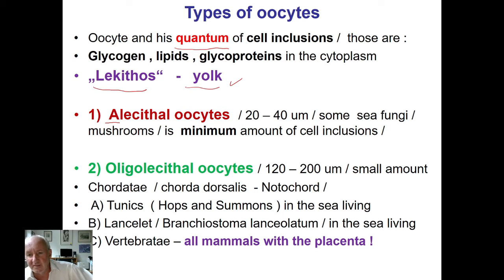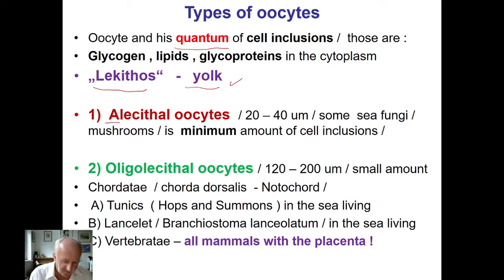In some sea mushrooms, yes, let's settle oocytes. This A means that there is also a minimum amount of cell inclusions. It's not completely empty. So let's settle oocytes are the smallest one with a little amount of those inclusions.